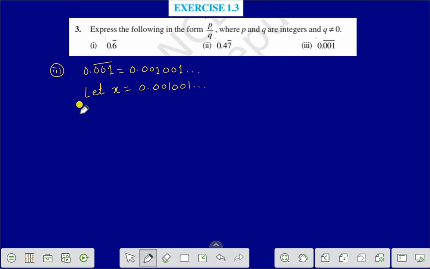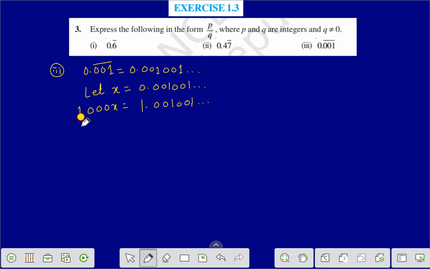Now if we multiply it by 1000 on both sides, since 3 digits are repeating, that means you have to multiply both sides with 1000. This is 1000x is equal to 1.001 dot dot dot.